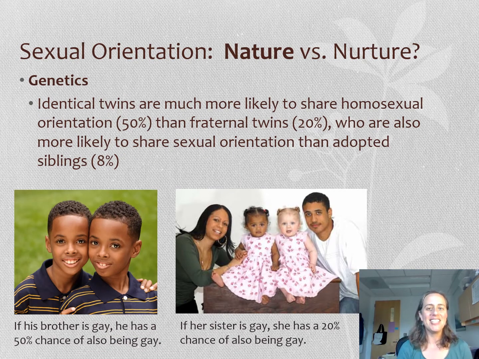All right, what about genetic stuff? Again, with twin studies: if your identical twin is gay, there's a 50% chance that you are too. If you have a non-identical twin, a fraternal twin, you have a 20% chance. Versus if you're just siblings who aren't twins, it's an 8% chance that if your sibling is gay, you will be too, and that's about the chance in the general population.